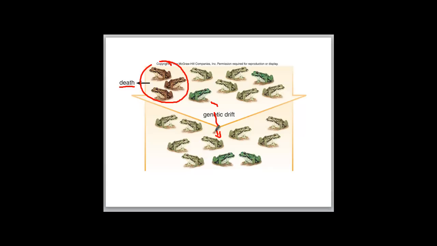Okay, and it creates a new population where this genetic material is now gone from your population, and you've shifted genetically to a new population. And that is the basics behind the reasons for the biodiversity on our planet.